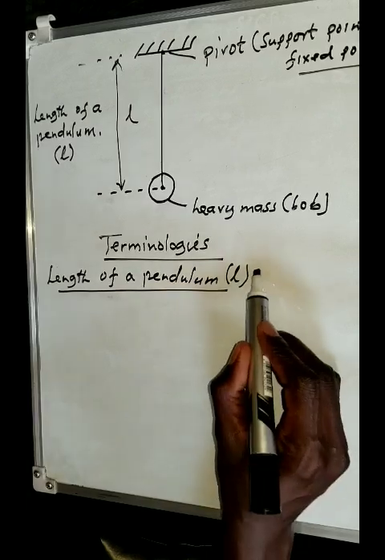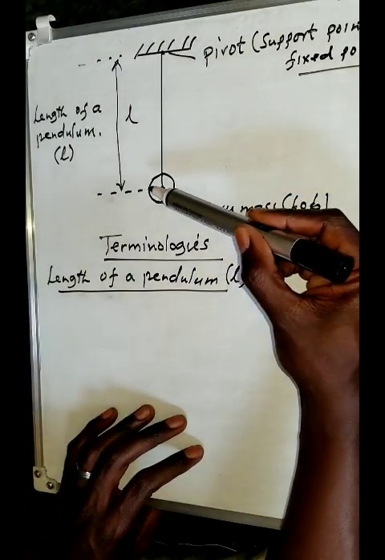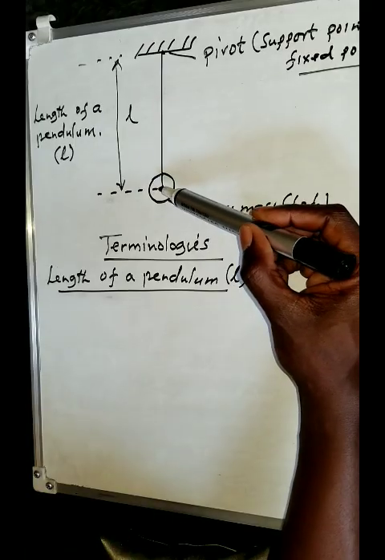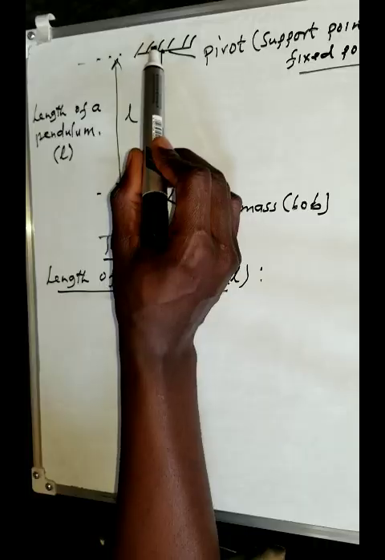So what is the length of a pendulum? Well, like I said, the length of a pendulum is simply the distance between the center of the bulb and the fixed point.